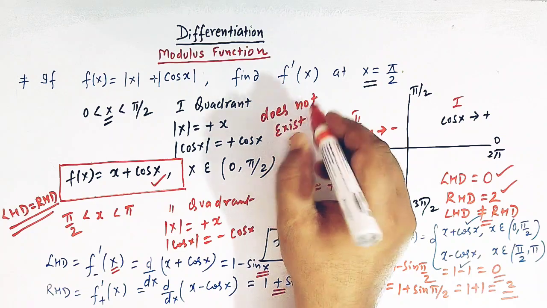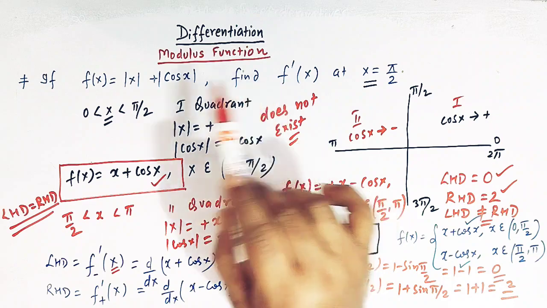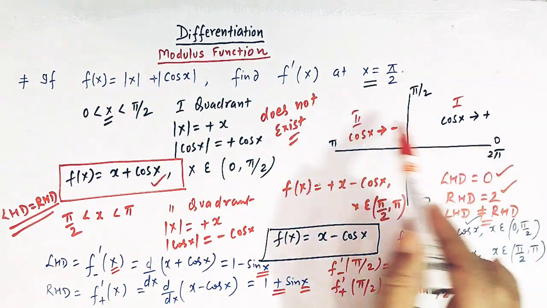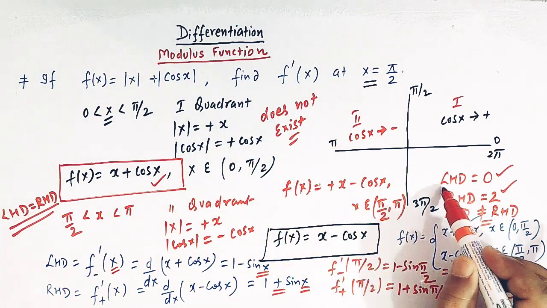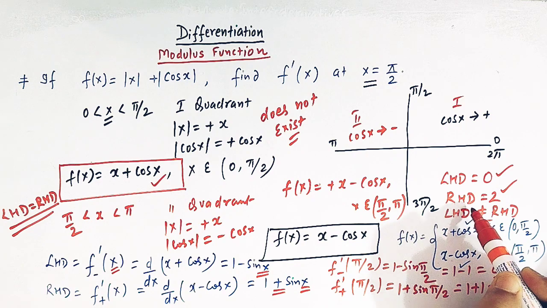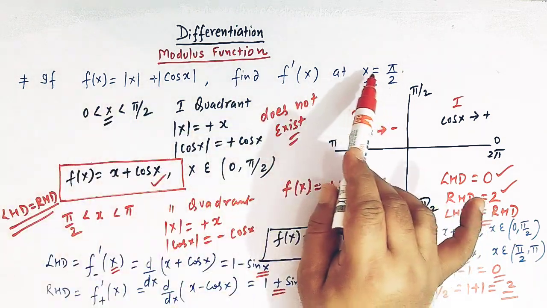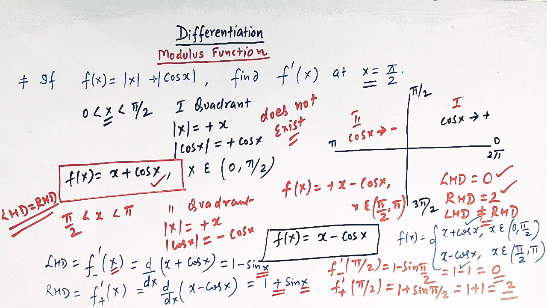So although in the problem we have written that find the derivative of this function at x is equal to pi by 2, we'll proceed like this, and we arrive at the result that the left hand derivative and the right hand derivative are not equal. Hence the derivative of this function at x is equal to pi by 2 does not exist, right?